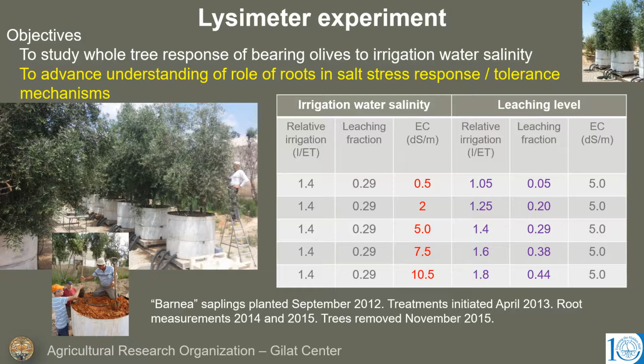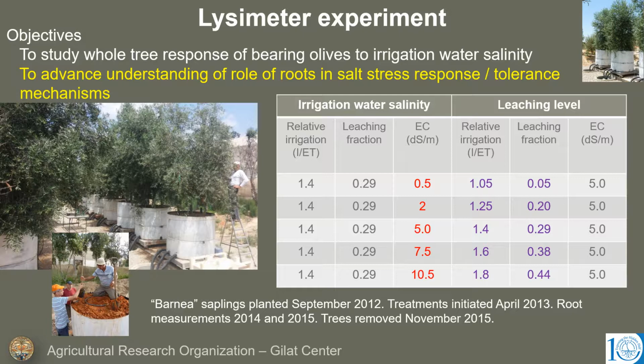Those are all at 1 leaching level. And secondly, at 1 irrigation water salinity level, we have 5 leaching levels. One of those is common, meaning that we have 2 experiments with 5 treatments each. We really have 9 treatments across the board.